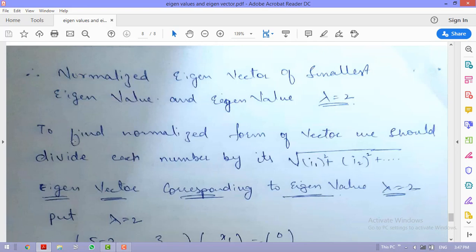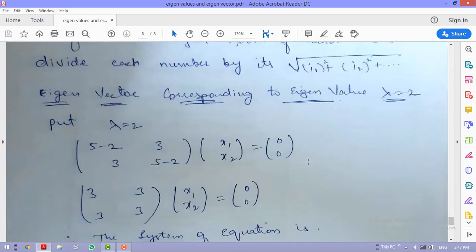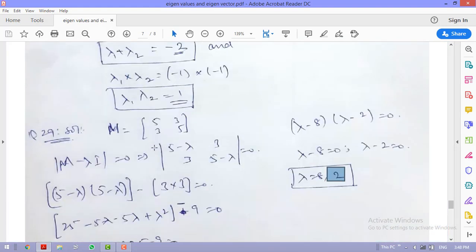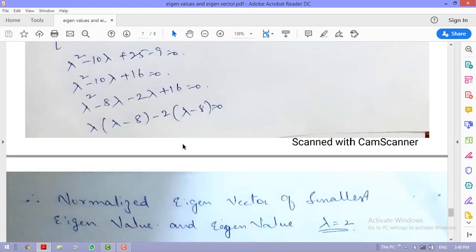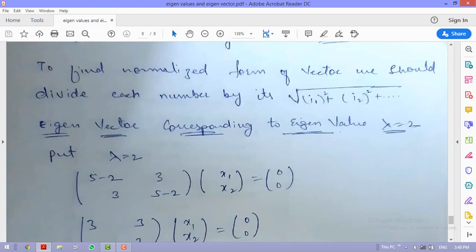By using that I am normalizing the eigenvector. To find the normalized form of an eigenvector, we divide each element by the square root of the sum of squares. Now let us see the eigenvector corresponding to eigenvalue lambda equal to 2. I put lambda equal to 2 in the system A minus lambda I into x equal to 0.